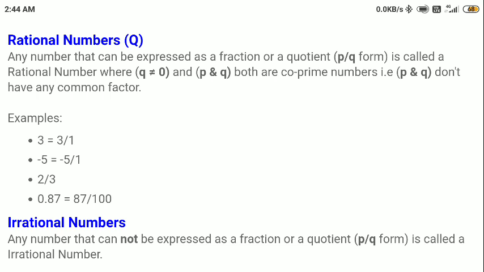P is 87 and q is 100. So any number which can be represented in the form of p by q, where q is not 0 and p and q do not have any common factor, is a rational number.